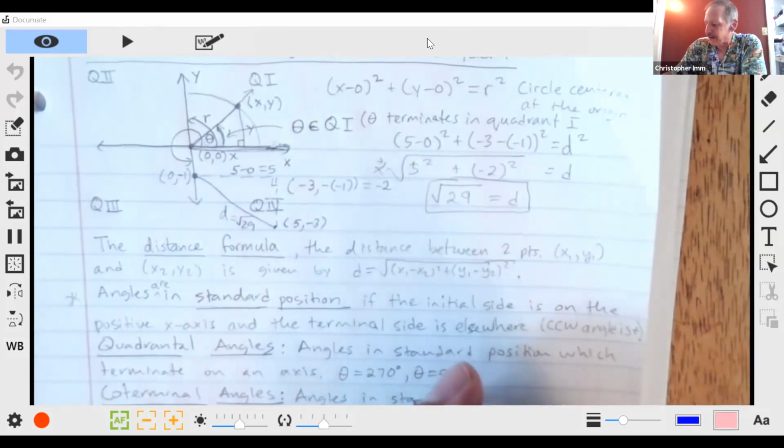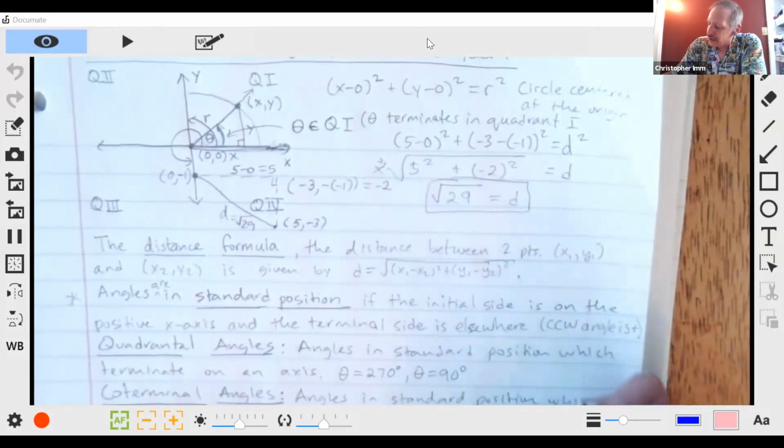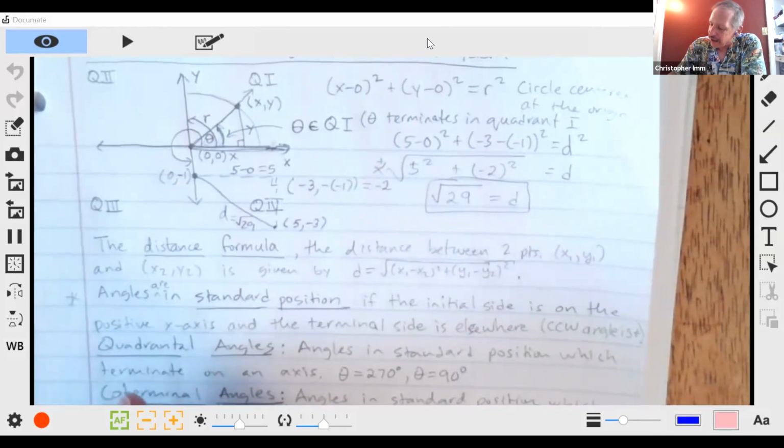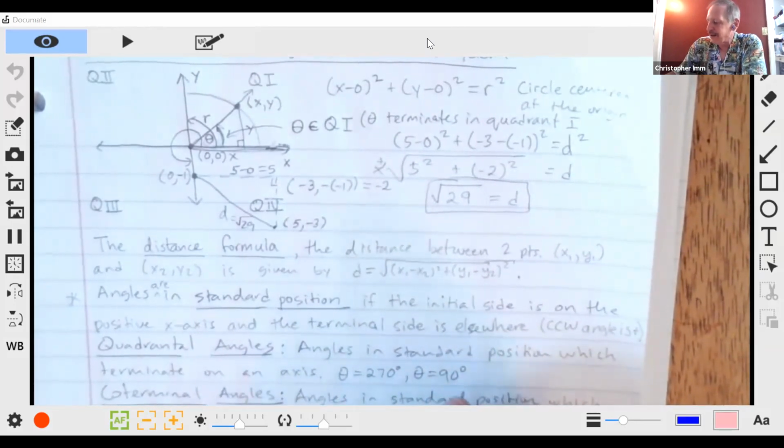So they're all going to start on the positive x-axis, which share a terminal side. So they have the same terminal side, but are unequal.